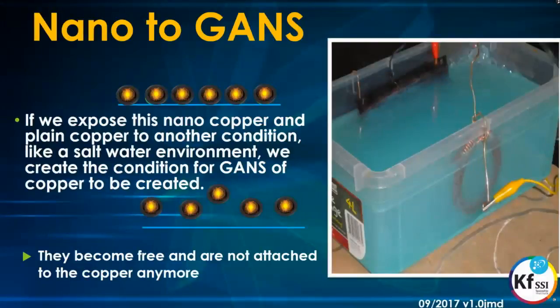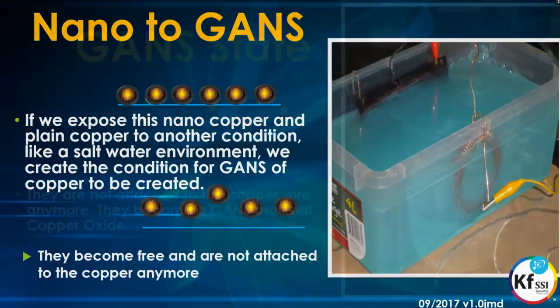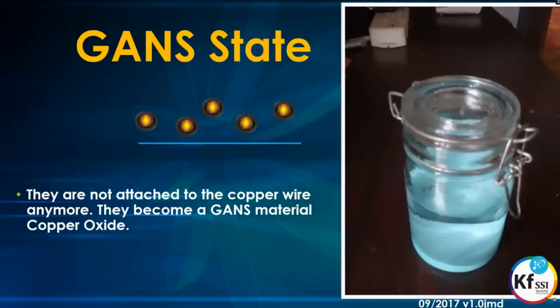So if we expose, a short example here, this nano copper and plain copper to another condition, like a saltwater environment, we create the condition for the Gans of copper to be created. These Ganses become free and are not attached to the copper anymore. And they become a Gans material in copper oxide.